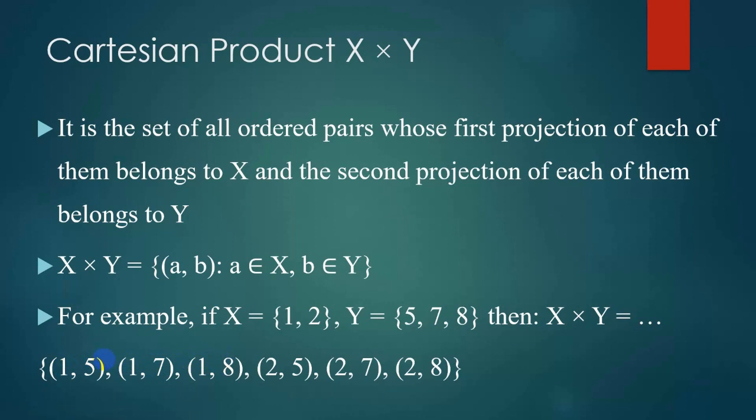The same for the element 2: it is a first projection with 5, with 7, and with 8. So x cross y will be the set of the ordered pairs (1, 5), (1, 7), (1, 8), (2, 5), (2, 7), (2, 8).